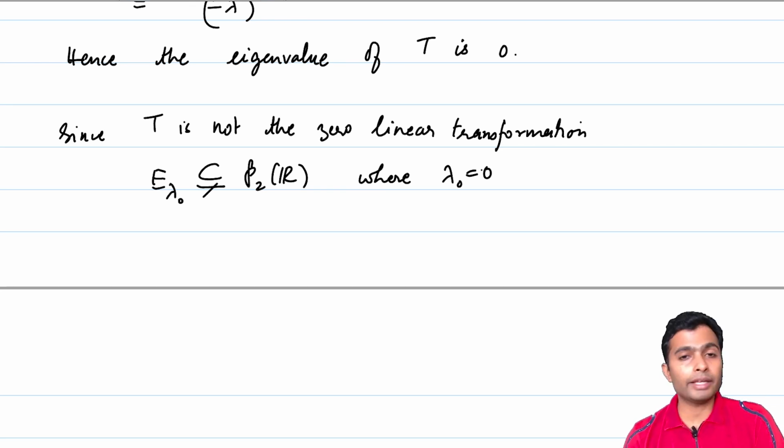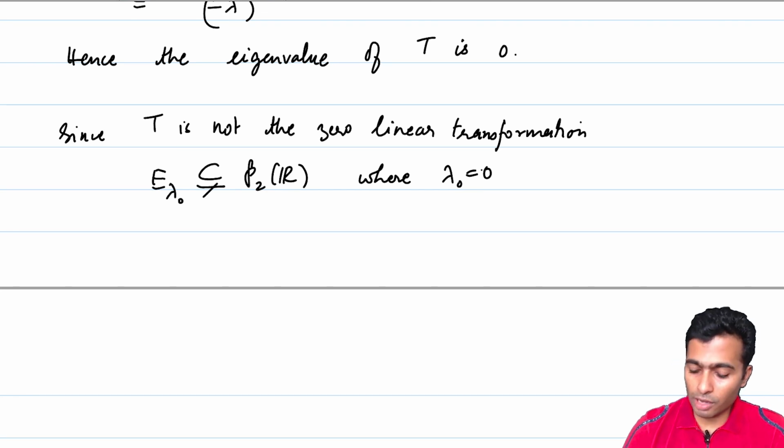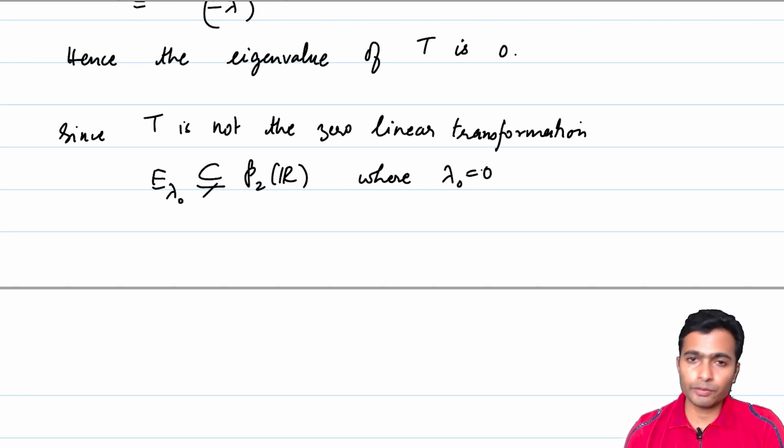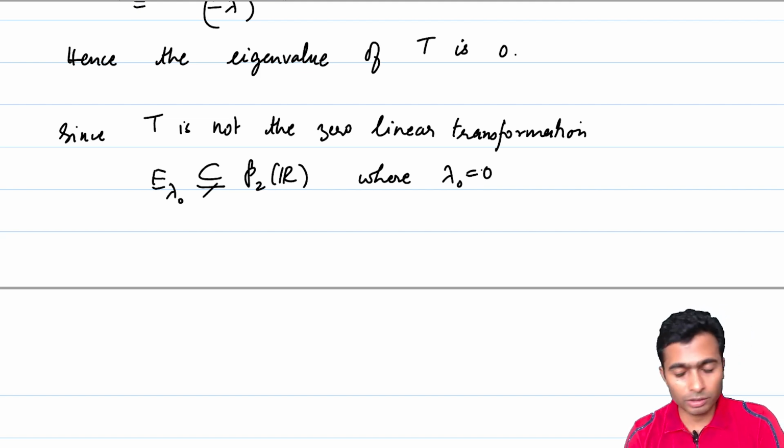Because if E lambda naught is equal to P2 of R for lambda naught equal to 0, that would mean that T kills every vector in P2 of R, but that's certainly not the case, because for example T of x square was 2x plus 2, which is not 0.